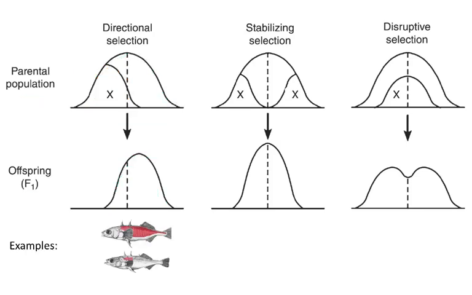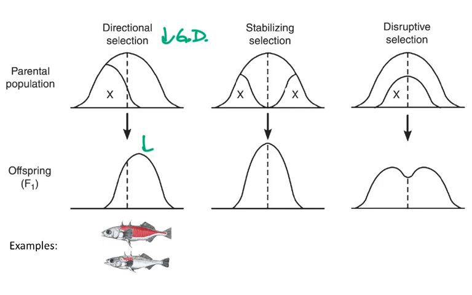So if we start with directional selection, the effect of directional selection is to decrease genetic diversity. I'll abbreviate that by GD. So what happens here is you're essentially shifting your phenotype curve to one particular direction, one particular edge of the phenotype range.